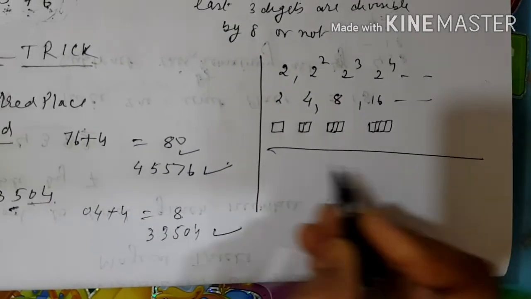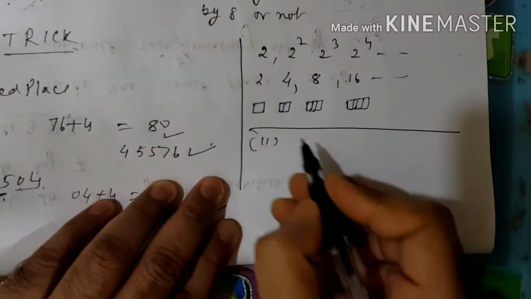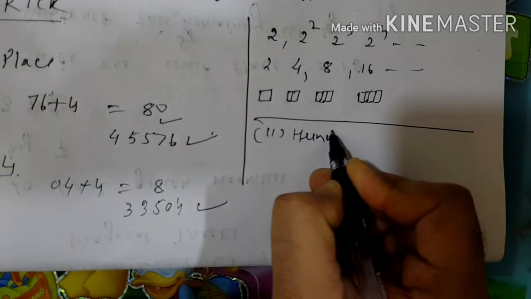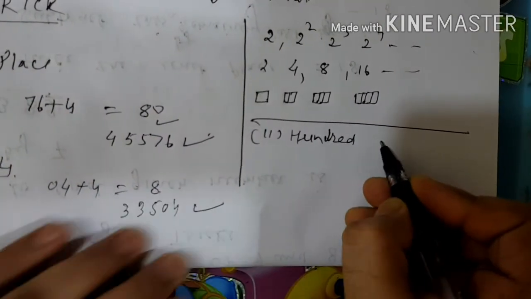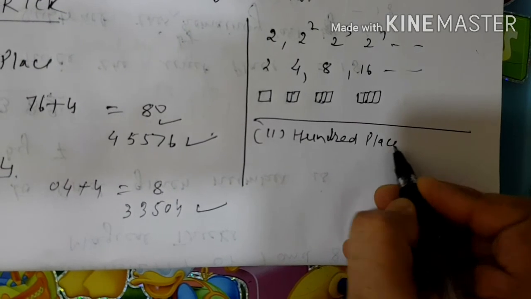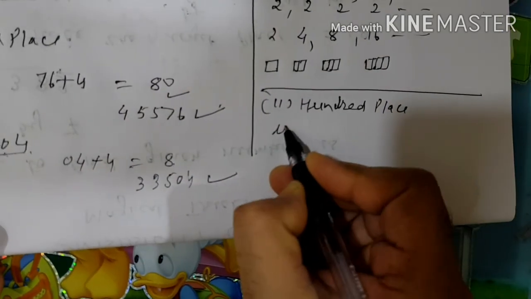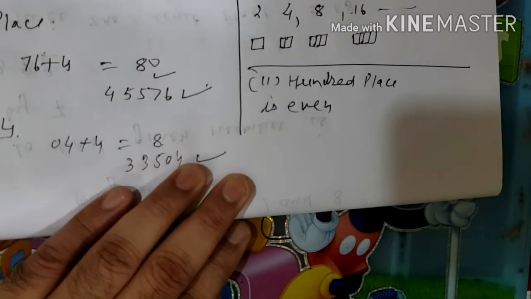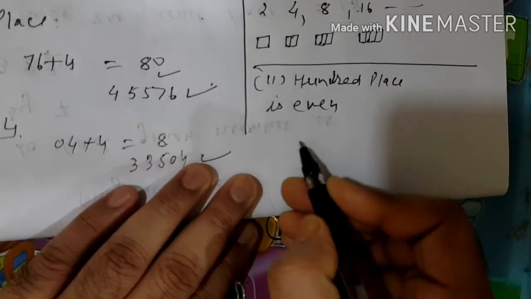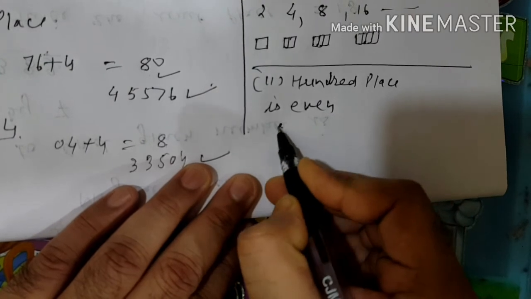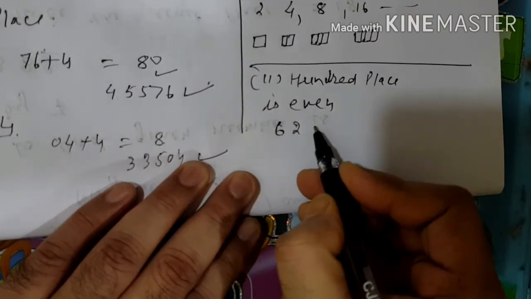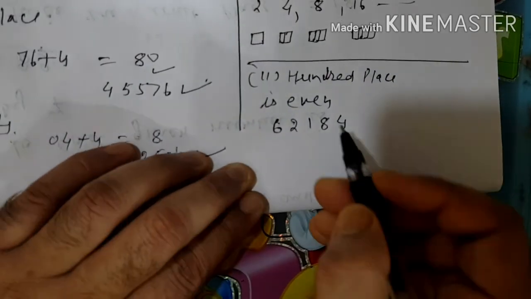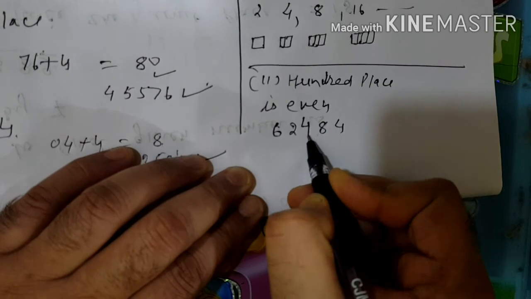Now the remaining case: if the hundreds place is even. Let's take an example: 62484. The hundreds place we take is even. It is 484.